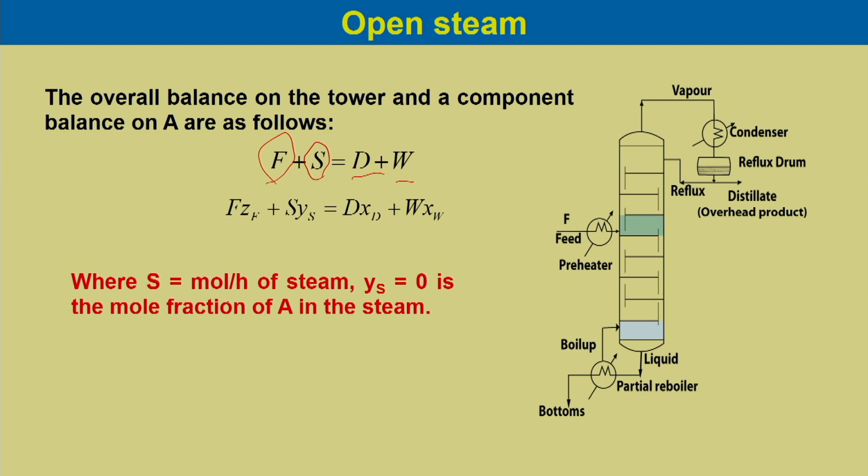Here S is the moles per hour of steam and generally no solute is present in the steam. So, we consider YS equal to 0, where YS is the mole fraction of A in the steam.